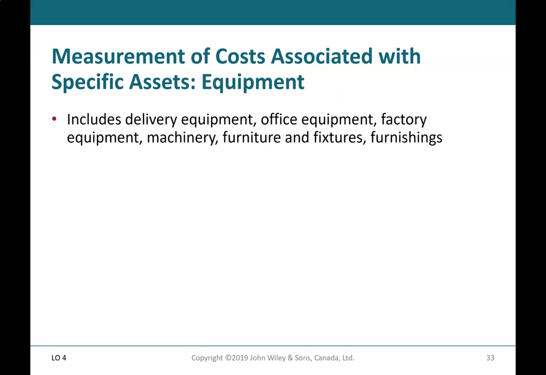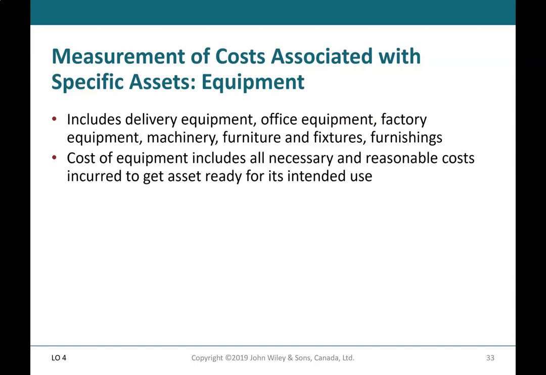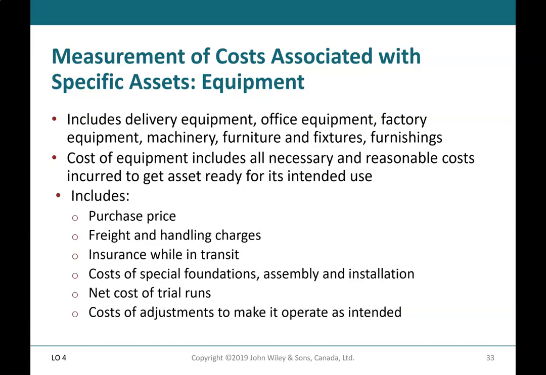Measurement of costs associated with specific assets, equipment. Includes delivery equipment, office equipment, factory equipment, machinery, furniture and fixtures, furnishings. Cost of equipment includes all necessary and reasonable costs incurred to get the asset ready for its intended use.